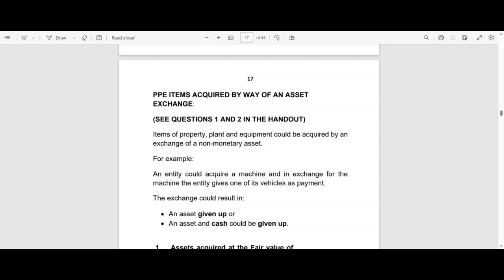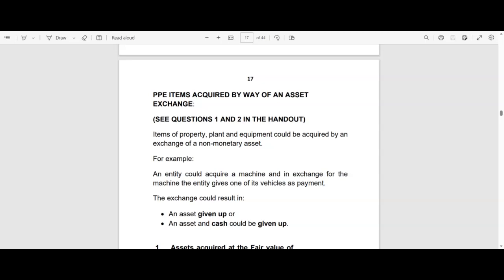So we've got the cost of that old motor vehicle in one account, the account called motor vehicles cost, and we've got the accumulated depreciation that we've written off over the last number of years that we've owned or used that motor vehicle in another account, right?